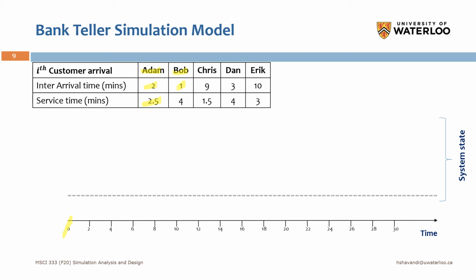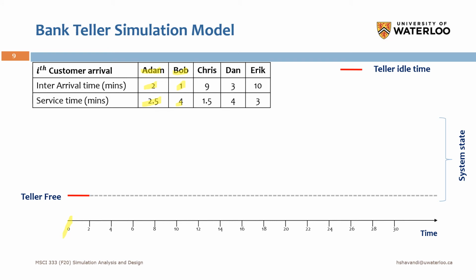I mean, the inter-arrival time between the first and the second customer is 1 minute, so Bob will arrive 1 minute after Adam. And in the same manner, we'll go through the 5 customers. Here we have the inter-arrival time and also the service time of the 5 customers. So let's start visualizing the operation of the system.